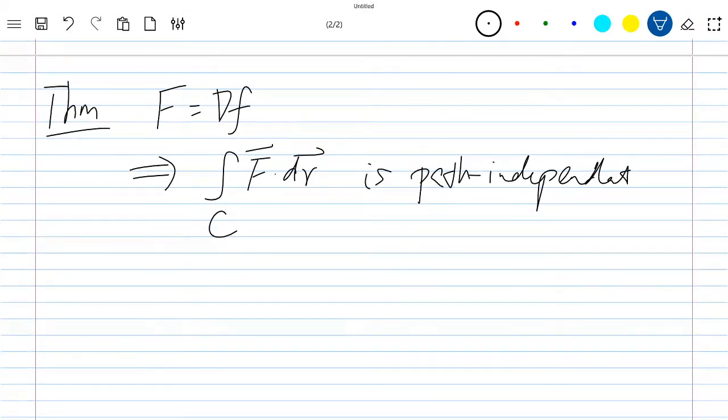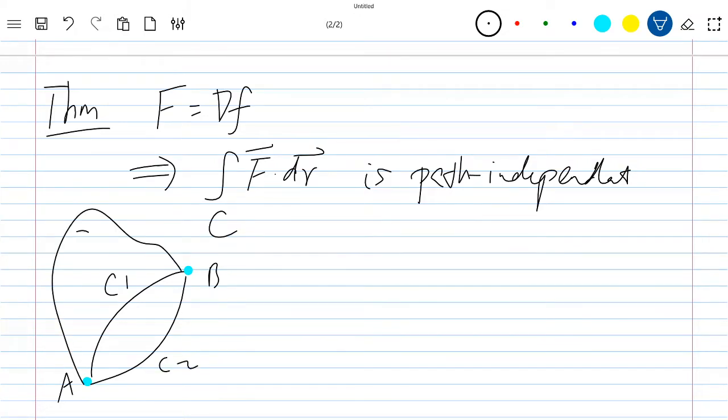That is, if you have a common starting point and end point, call them A and B, then it doesn't matter whether you go along this path or that path or some other fancy path, they all give you the same result. Because it only depends on A and B. That's what we say path independent.